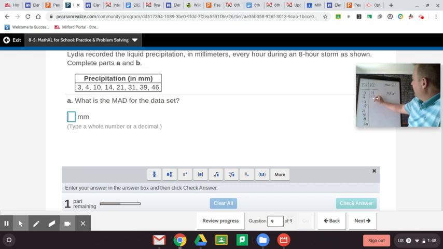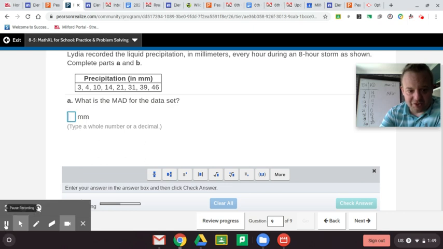This is 17 away, 11 away, 7 away, 0 away, 10 away, 18 away, and 25 away. So I found the absolute deviations, the distance from the mean, and now I'm going to add them up and divide by however many there are to find the mean absolute deviation.